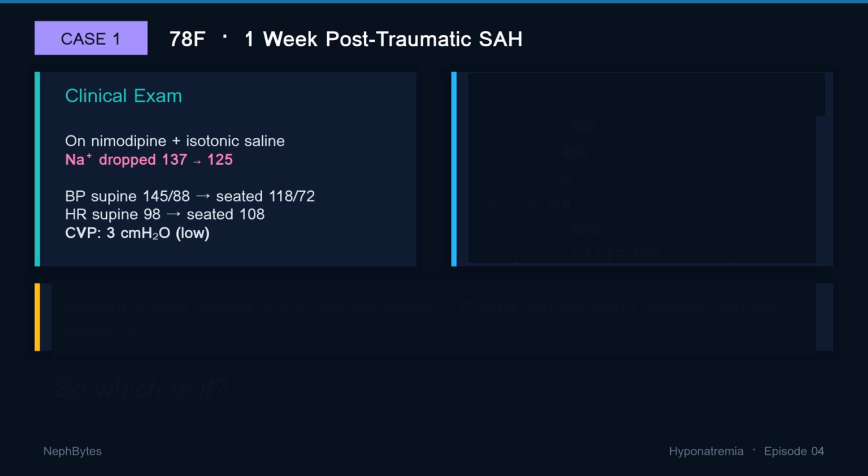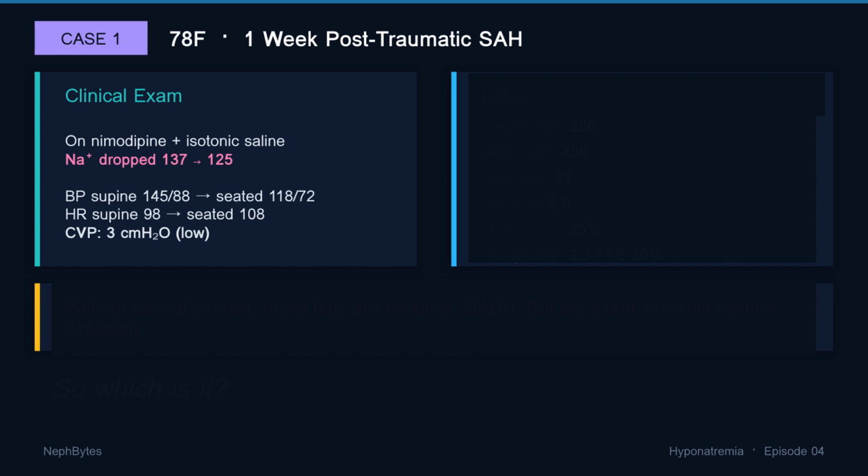You go to examine her. Blood pressure supine is 145/88. Seated, it drops to 118/72. Heart rate supine is 98. Seated, 108.